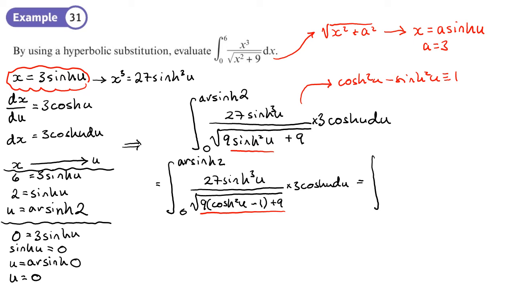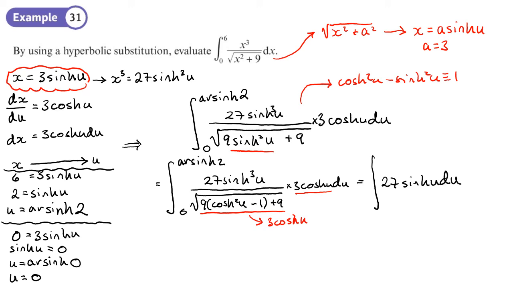All of this just ends up being 3 cosh u. Now we've got a 3 cosh u here as well, so those cancel out. All I'm left with is 27 sinh u du.